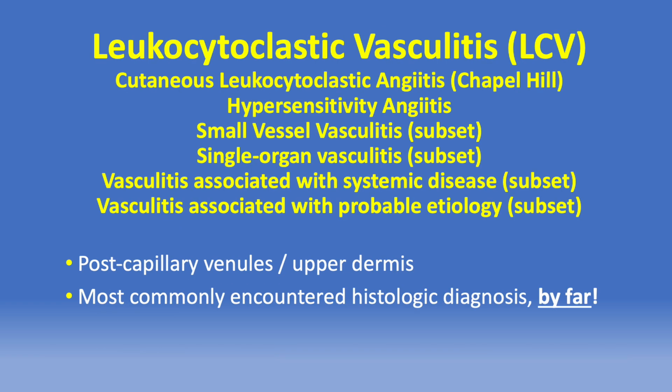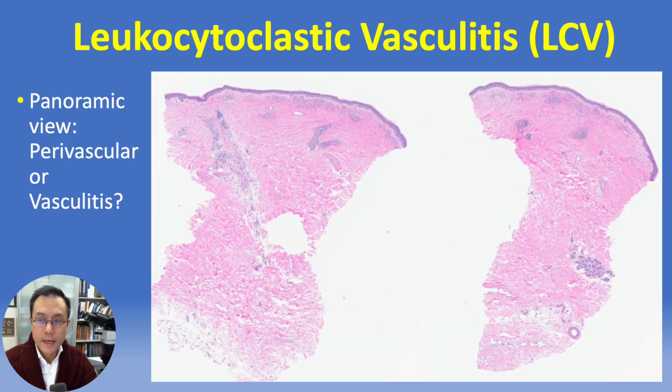So let's take a look at some examples of leukocytoclastic vasculitis, or LCV, which is by far the most commonly encountered form of vasculitis. And we're talking about vasculitis that's focused on small vessels, specifically postcapillary venules in the upper dermis, typically appearing at scanning magnification as a superficial perivascular and interstitial infiltrate.